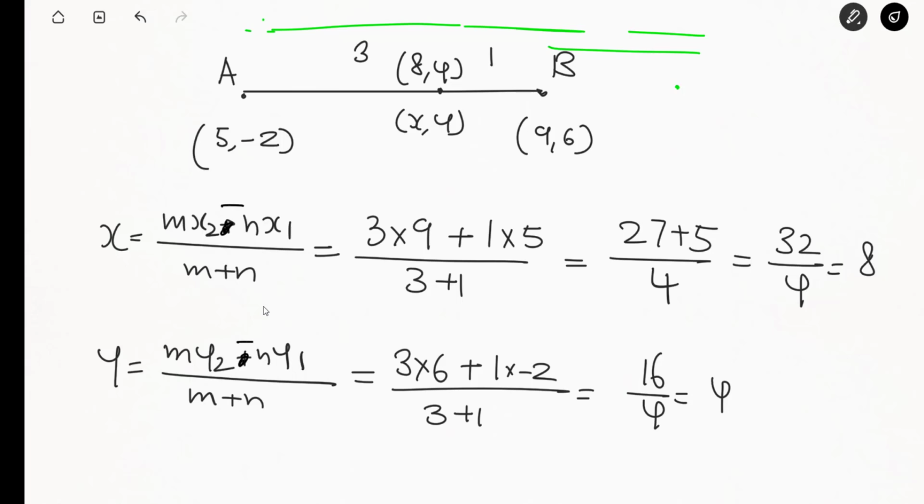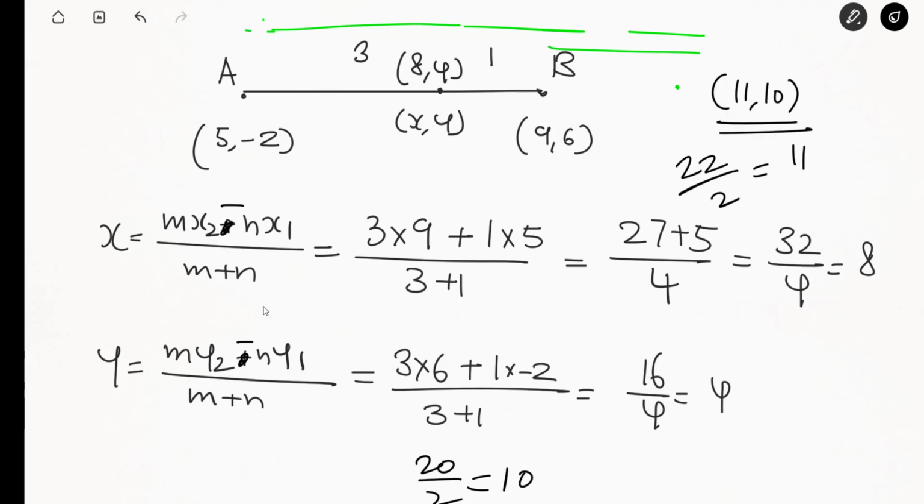So 27 minus 5 will be 22, and this will be 3 minus 1, so 2, 11. And here 18 plus 2, so 20 by 2 is 10. So the answer will be (11, 10), and we are done.